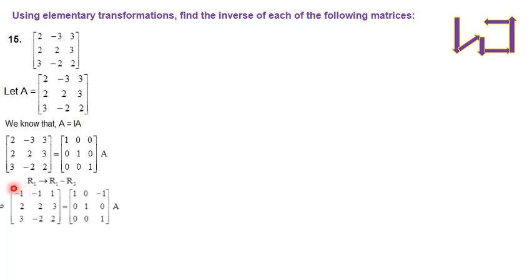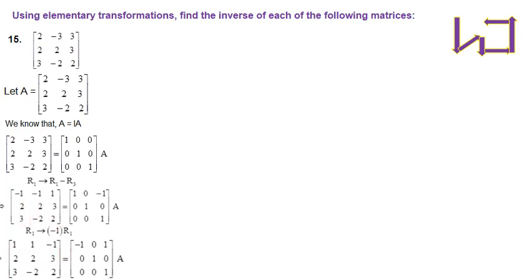Now I need a 1 here, not a minus 1, so I have to change this minus sign. Simple, just do the operation: minus 1 into R1, just multiply by the minus sign in this R1, so this minus becomes plus. After doing the operation, row 1 becomes minus 1 into minus 1, that is 1, minus 1 into minus 1, again 1, 1 into minus 1, that is minus 1. R2 same, R3 same, as it is we have written.